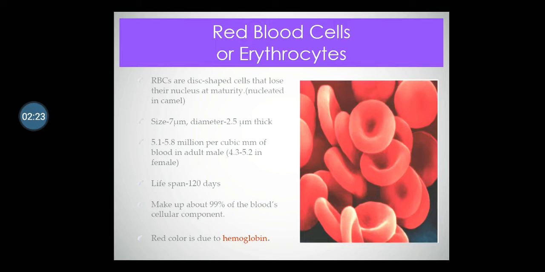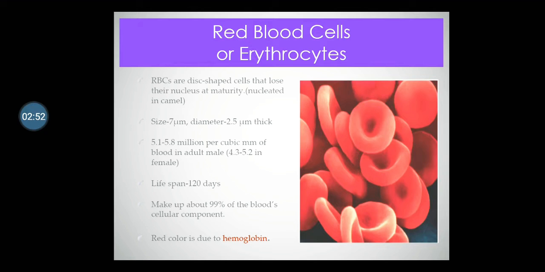Let's see RBCs or erythrocytes. RBCs are disc-shaped cells that lose their nucleus at maturity, but nucleated in animals like camel. The size is about 7 micron in diameter and near about 2.5 micrometer thick.